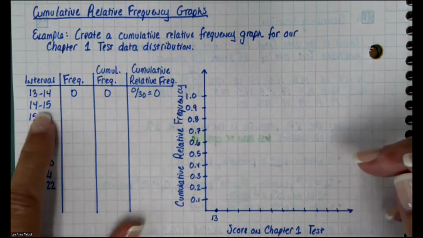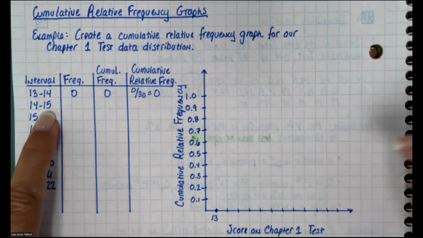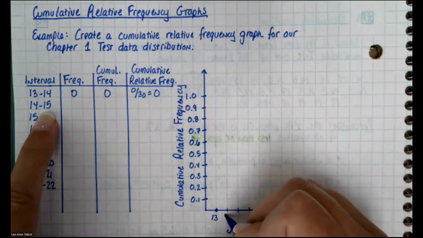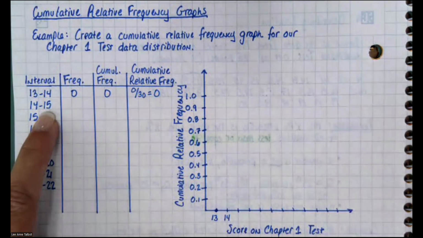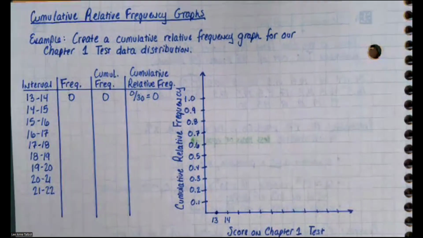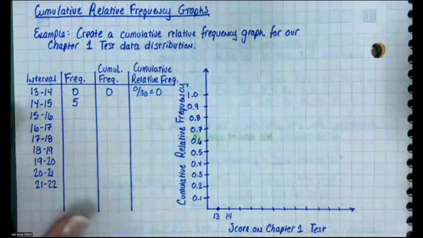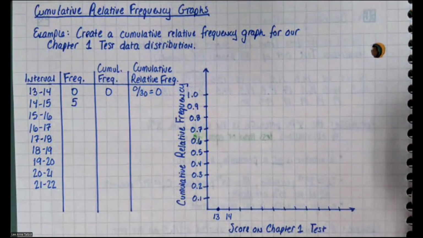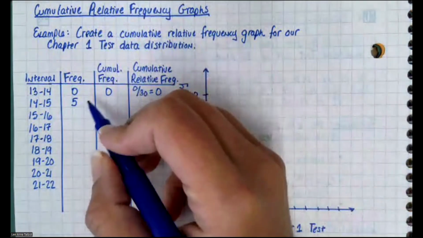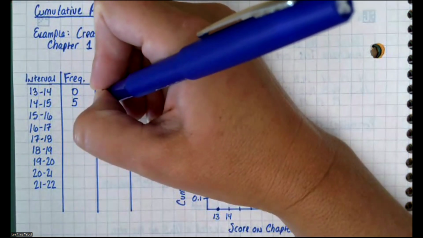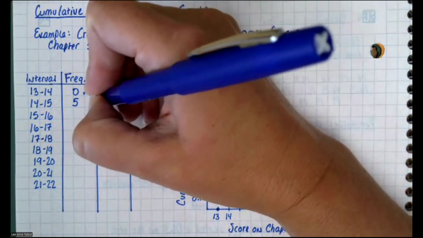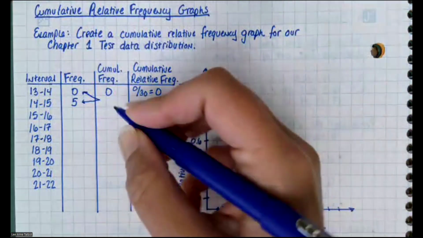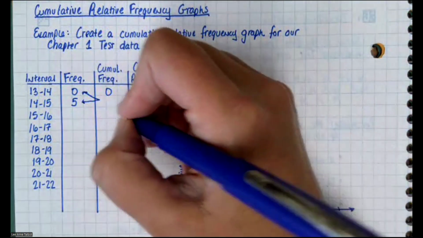Okay. How many numbers were in the 14s? 5. Great. There are 5 numbers in the 14s. Everybody see where I got those from? Okay. And then the cumulative relative frequency means that I add this and this together. 0 plus 5 is still 5.